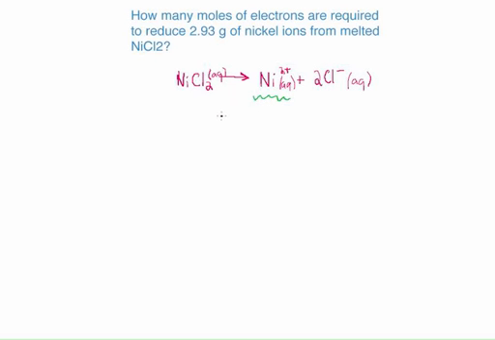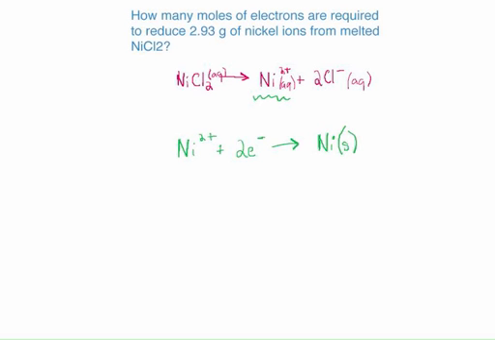We're just going to focus on the nickel and what's happening here. Well, the nickel, when it goes to the cathode, is going to hook up, we hope, with a couple of free electrons, and it is going to create solid nickel.